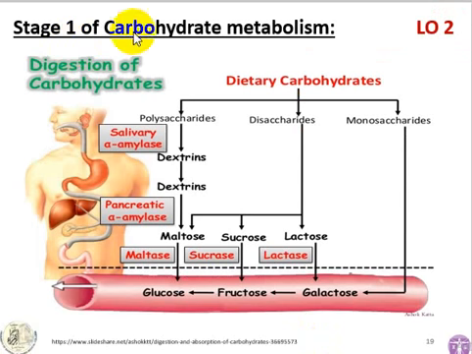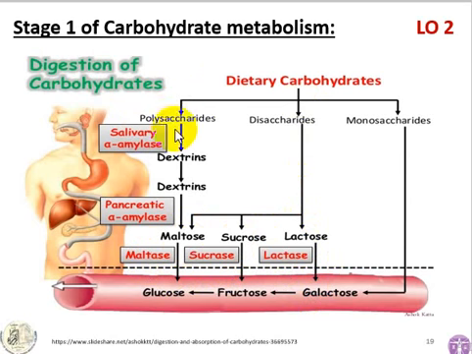Stage 1 of carbohydrate metabolism starts with the digestion of the carbohydrate. As you know, dietary carbohydrate could be monosaccharide, disaccharide, or polysaccharide. Monosaccharide is absorbed directly from the small intestine. Disaccharide is digested in the small intestine by certain enzymes: lactase for the lactose, saccharase for the saccharose, maltase for the maltose.